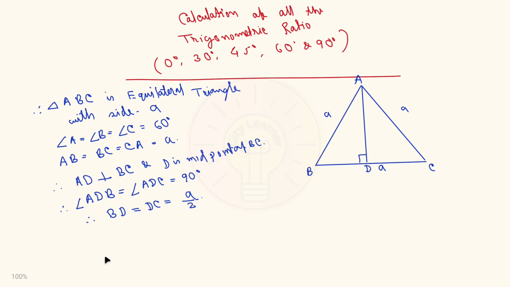So see this triangle ABD. In this, angle B is equal to 60 degree, angle D is equal to 90 degree.